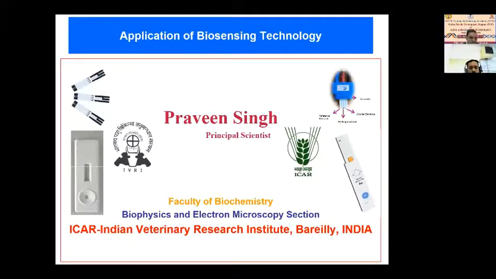Below this, similar to the home pregnancy kit, is your lateral flow kit, and this is the connector that fixes your electrode for electrochemical sensing. And on the right corner is a gold chip. This chip immobilizes your antigen or antibody for sensing on one of the newer platforms, the surface plasmon resonance biosensor platform.